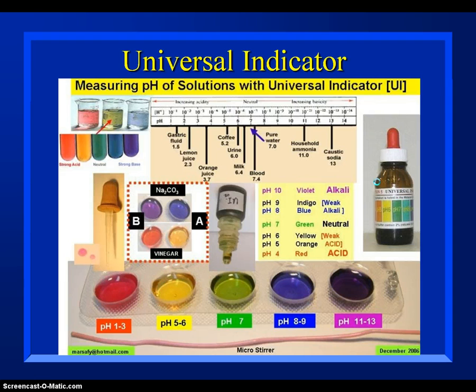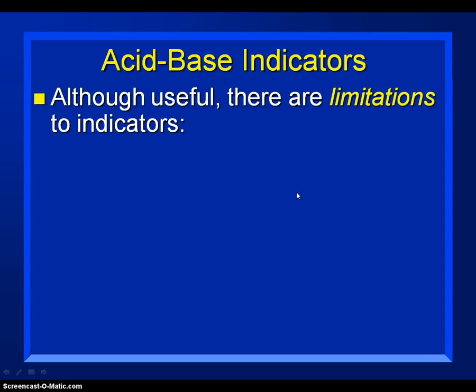Now, universal indicator works the same way. So universal indicator is a liquid that we would add to a solution to figure out what its pH is. And again, based on its color scale, we would compare it to a graph or something that would show us what pH that color specifically indicated.